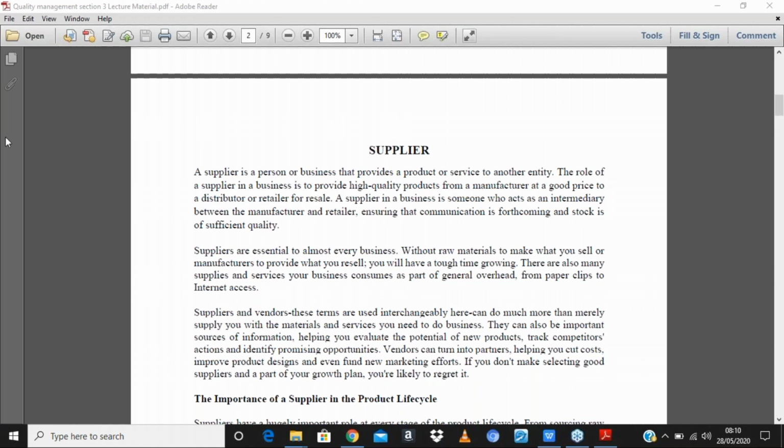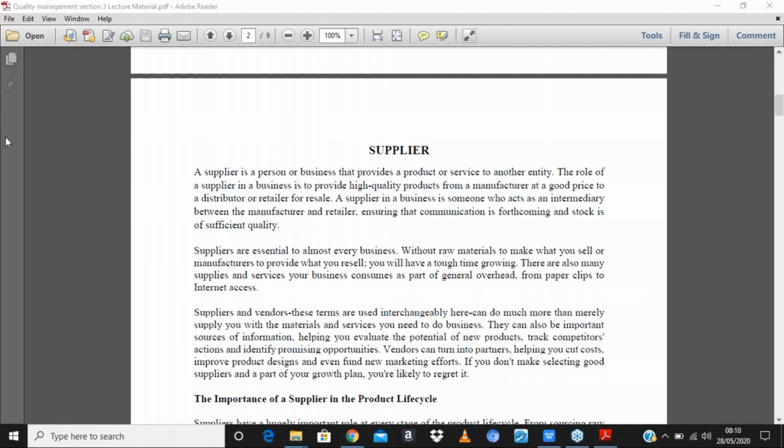You have to work with other suppliers and vendors to achieve quality, and it's important that those who supply your inventory and requirements have the same goal as you. So let's start by looking at who a supplier is.